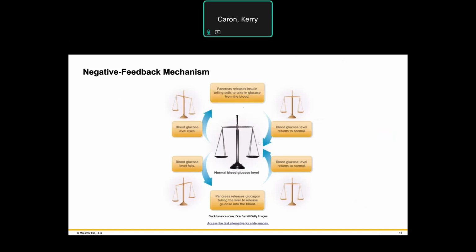Then your blood glucose returns back to normal. Likewise, if your blood glucose level falls and you become hypoglycemic, your pancreas releases glucagon. I know you don't know this stuff yet, but we're getting there. It tells the liver to release some of the glucose back into the blood, so it raises your blood sugar level.